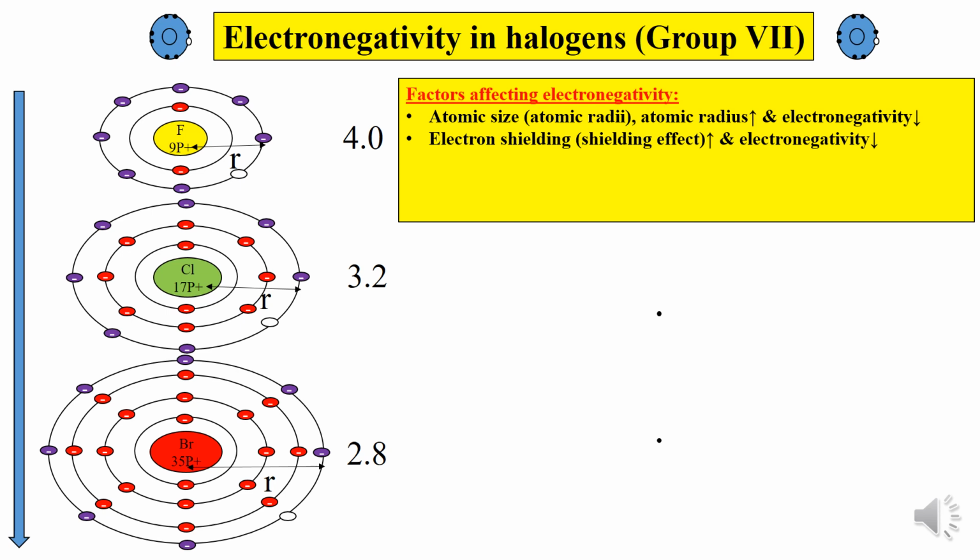As the number of shells increases going down the group, the number of shields also increases. So each shell is acting as a shield, reducing the electrostatic force of attraction between the positively charged protons and the negatively charged valence electrons. And therefore the electronegativity decreases with increase in shielding effect.